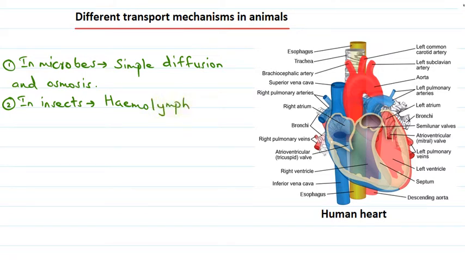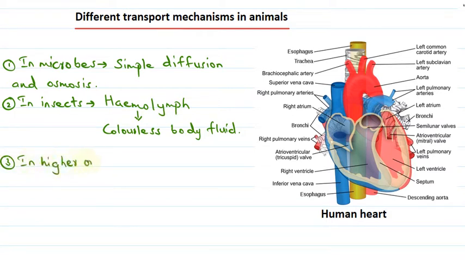Hemolymph is a colorless body fluid. So this colorless body fluid called hemolymph helps in transportation of materials in case of insects.